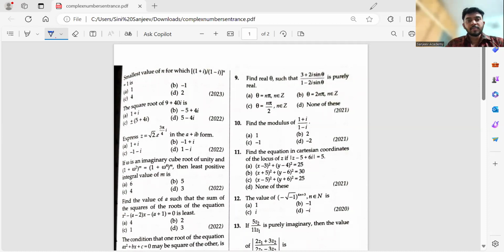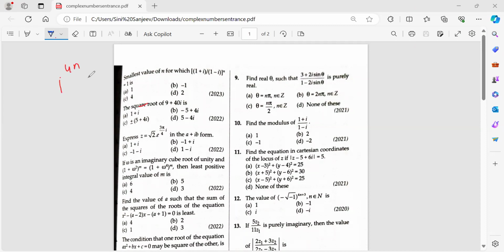For a better bandwidth, I'll just stop the video. i power 4n value is equal to 1. i power 4n plus 1 value is equal to i. i power 4n plus 2 value is equal to minus 1. i power 4n plus 3 value is equal to minus i.